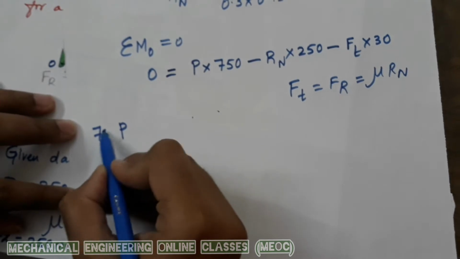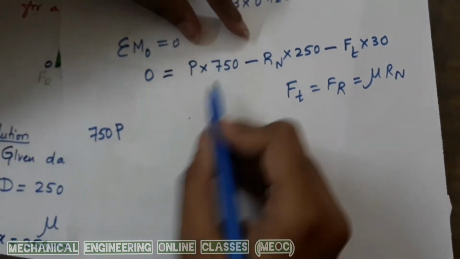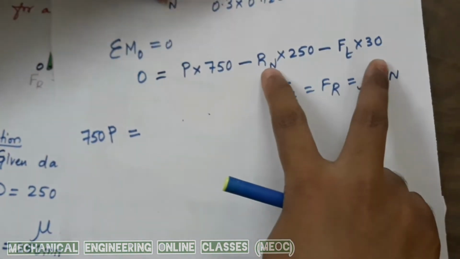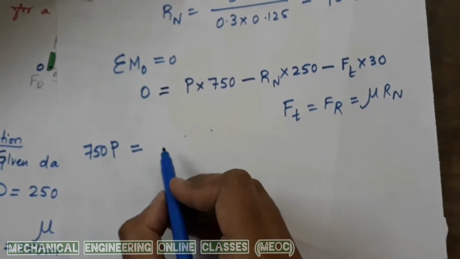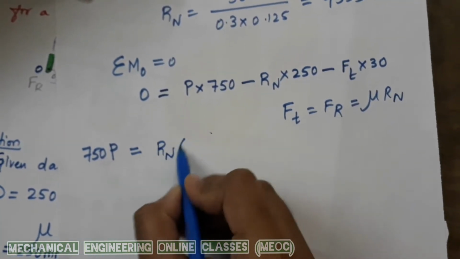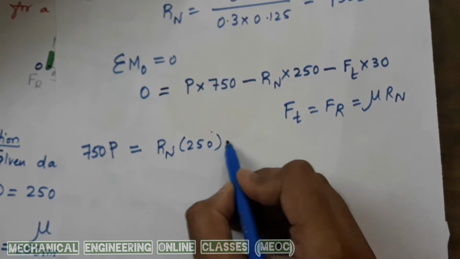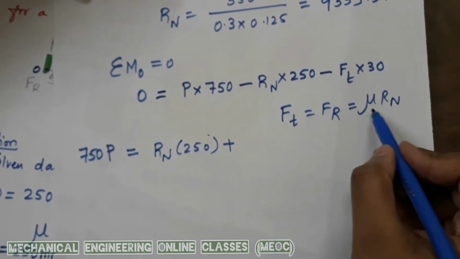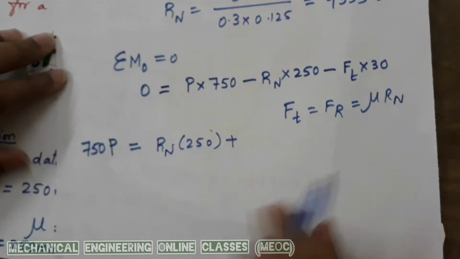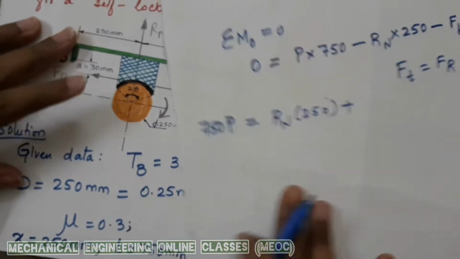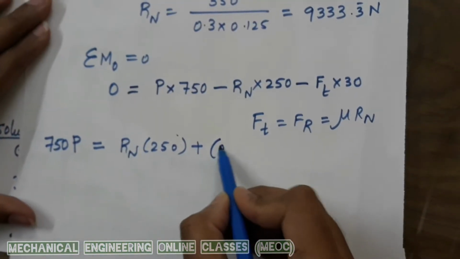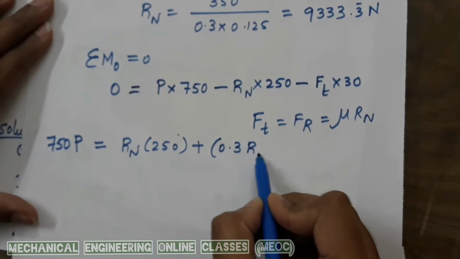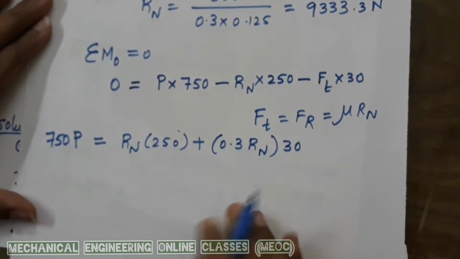So we can find P from this. So 750P is equal to, I am taking these two terms onto the other side. I will have Rn into 250 plus Ft, which is nothing but mu Rn, where mu is given as 0.3. So 0.3 Rn into 30.